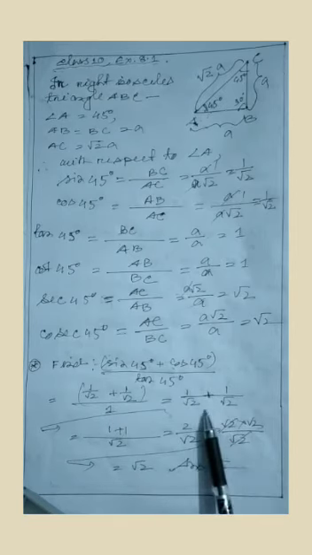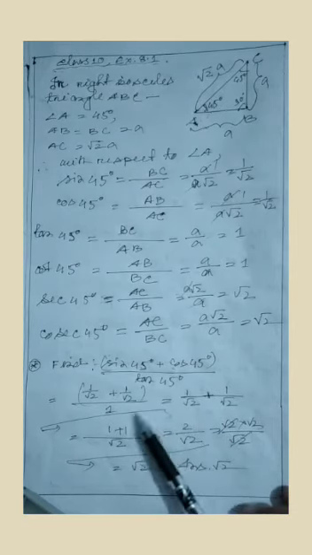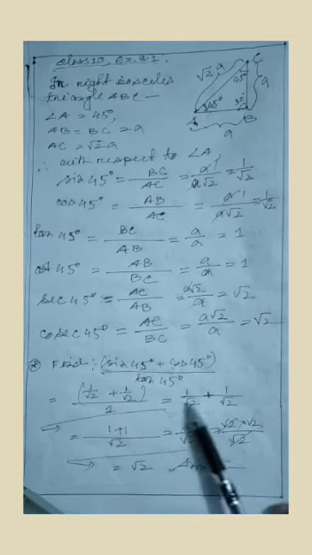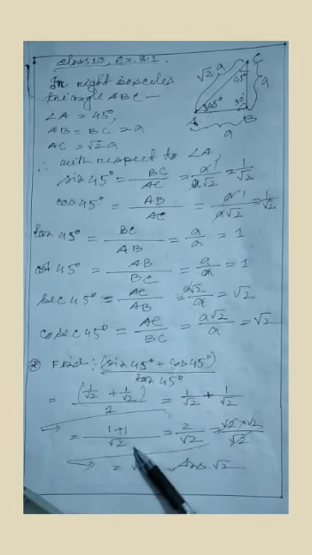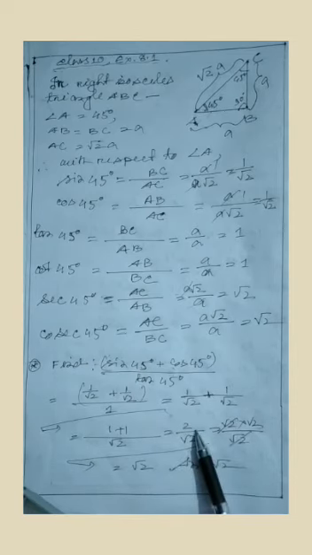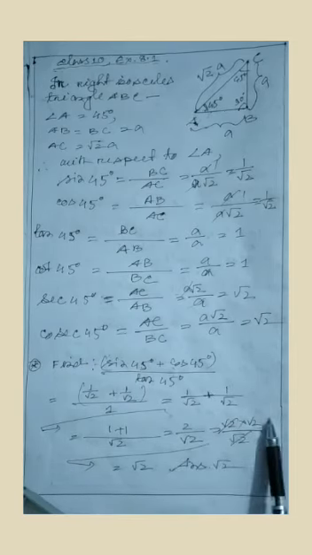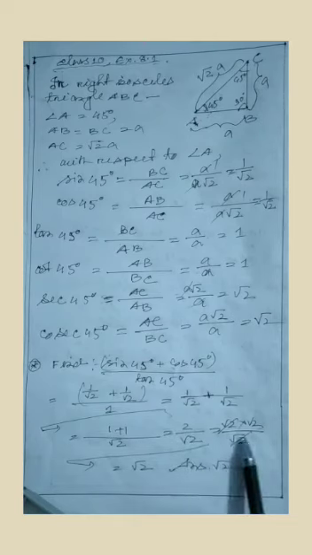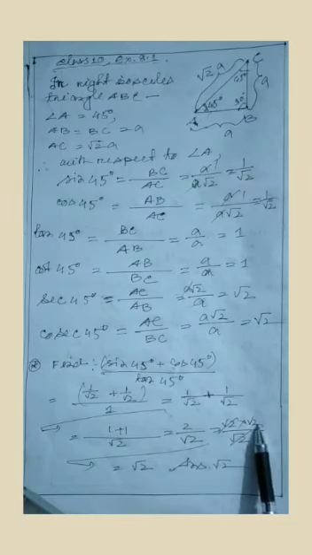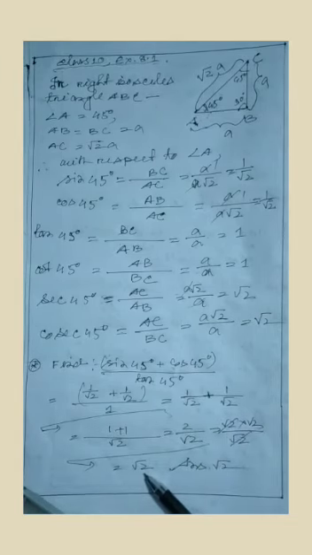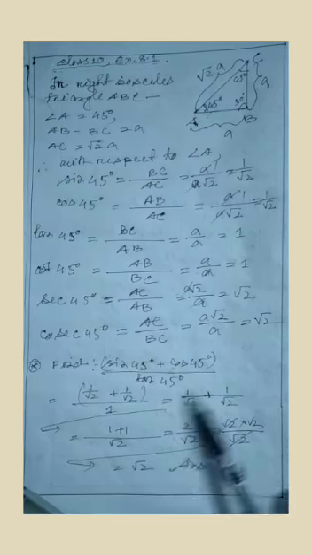The denominator is 1, no need to write. So 1 by root 2 plus 1 by root 2. Take LCM root 2: 1 plus 1, 2 by root 2. 2 means multiplication of root 2 into root 2 equals 2, so root 2 cancels, 2 by root 2 gives root 2. So ultimately the answer is root 2.